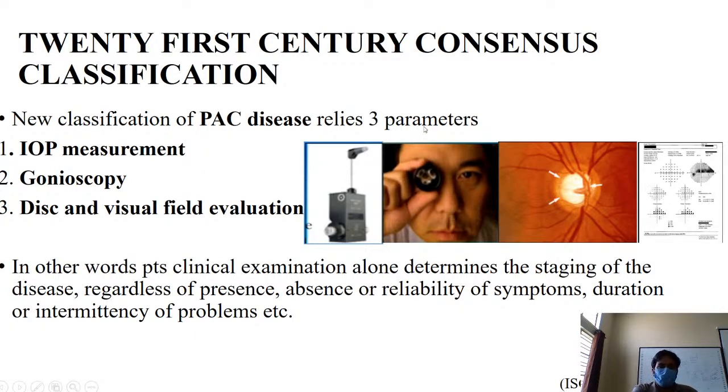So if all these factors are present, then we label the patient as having angle closure glaucoma and different types of angle closure glaucoma. I'll be telling you the different classifications of angle closure glaucoma. In other words, the patient's clinical examination alone determines the staging of the disease, regardless of presence or absence of symptoms, duration, or intermittency.